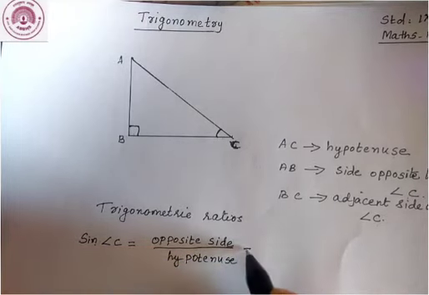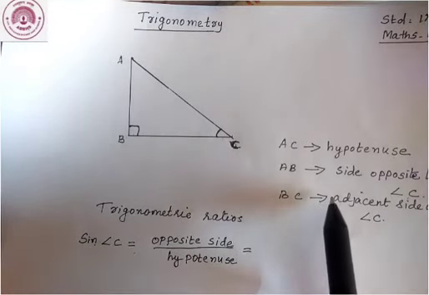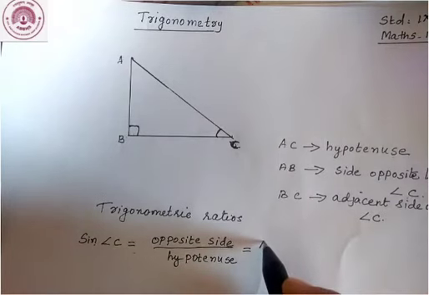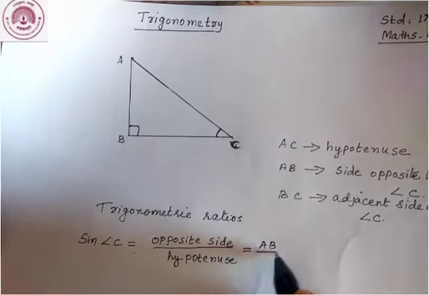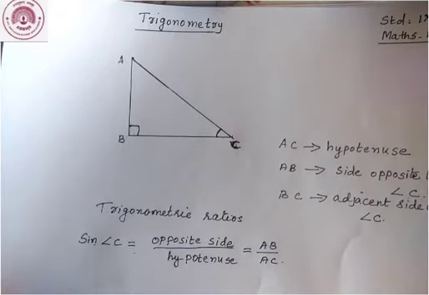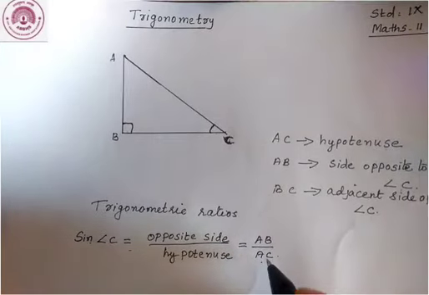Which is the opposite side of angle C? The opposite side of angle C is AB. So we can write AB upon hypotenuse, which is AC. So sine angle C is equal to opposite side upon hypotenuse, and using this figure it is AB upon AC.